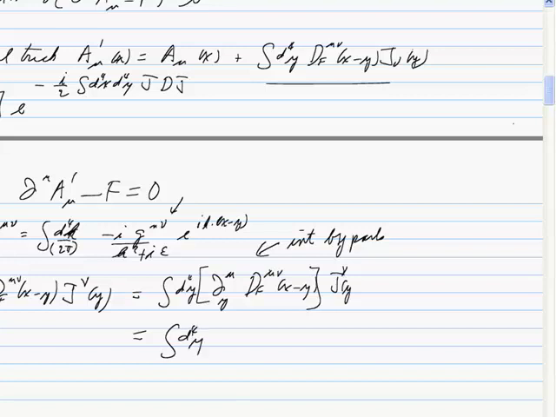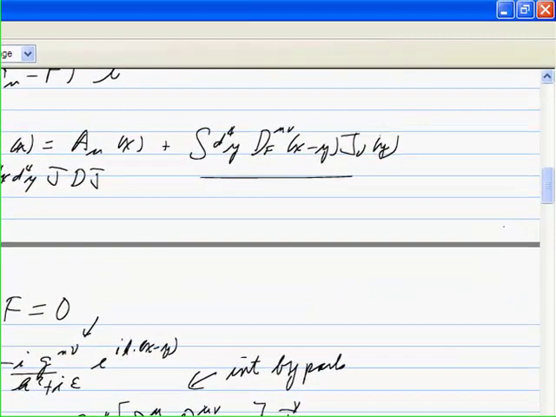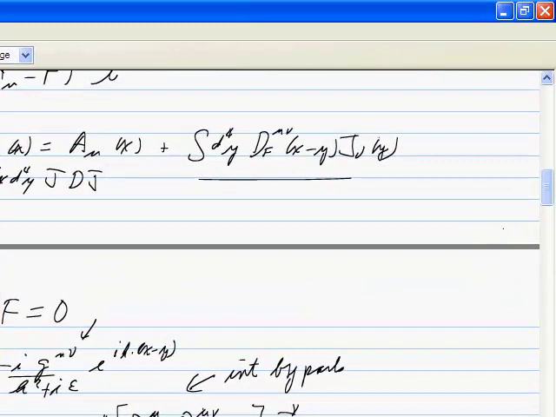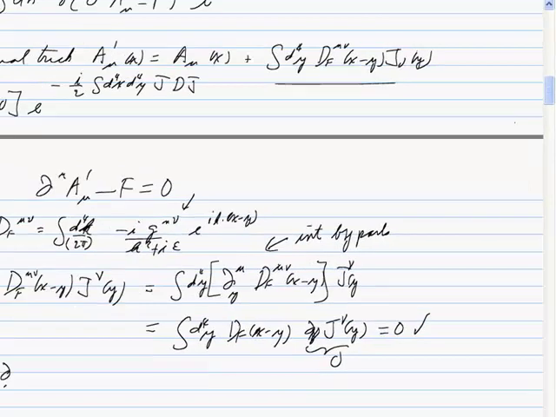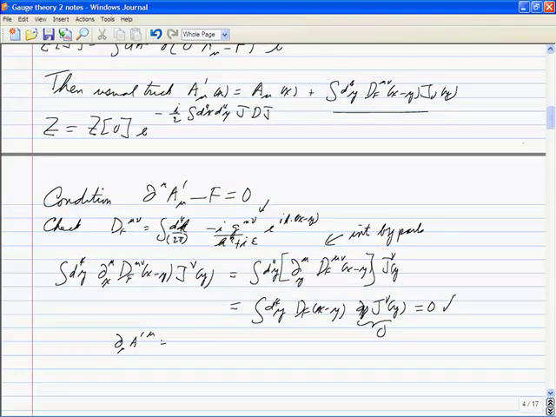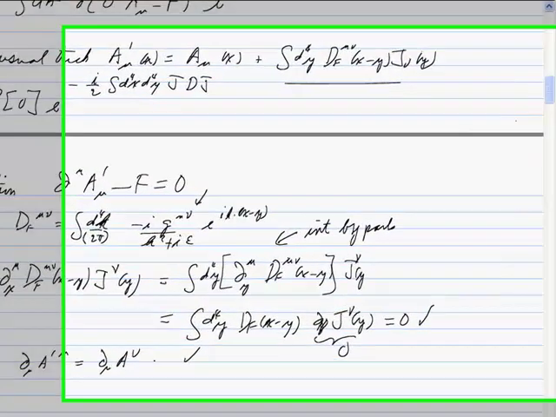It equals integral d4y, I'll just write this as D F with no mu nu on it, and it becomes d nu J nu of y, which is 0 by current conservation. Okay, so this overall equals 0, and we have d mu A prime mu equals d mu A mu, which is what we need.